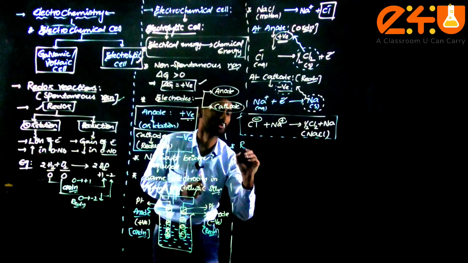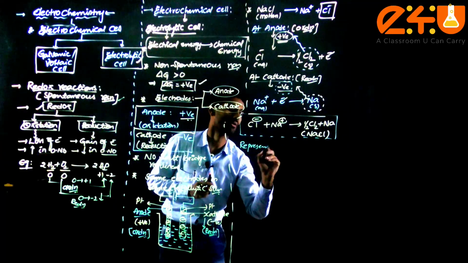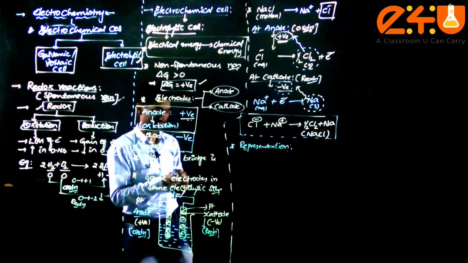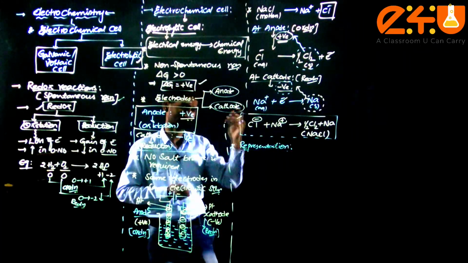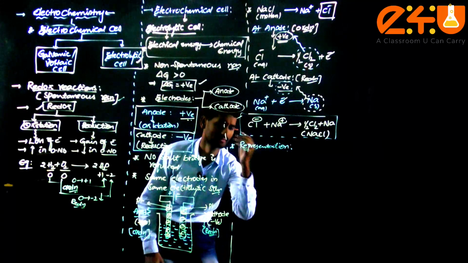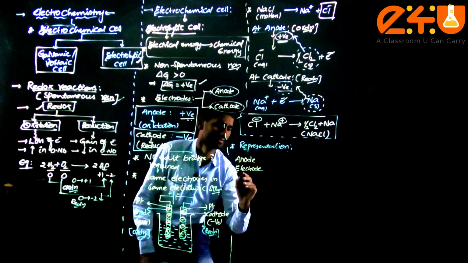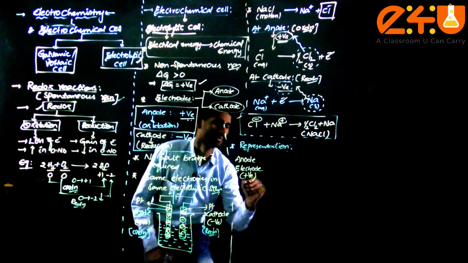Next, how to represent the electrolytic cell. Understood, dear students? Representation. Already we know on the left side I always take the anode electrode. What is the charge, dear students? Anode means positive.